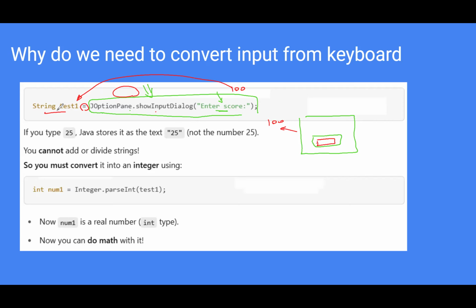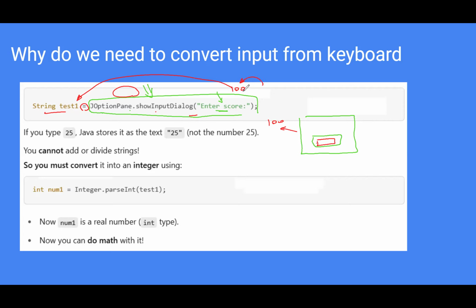But I would say the correct answer is that everything you write on the keyboard is text, even if you write a number. You use a keyboard, right? So everything that comes out from the keyboard will be a string.